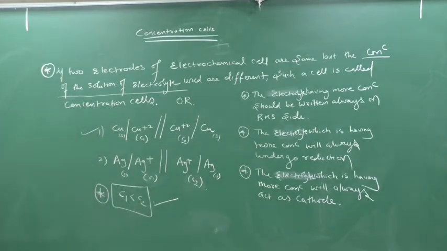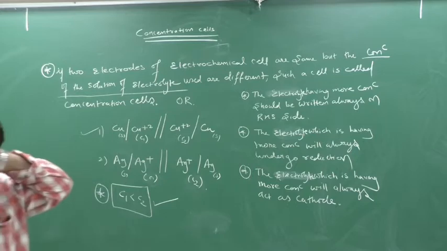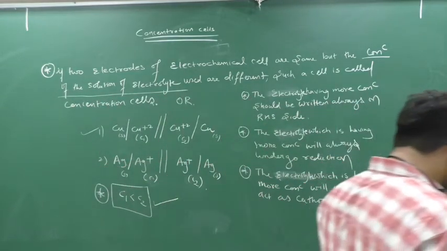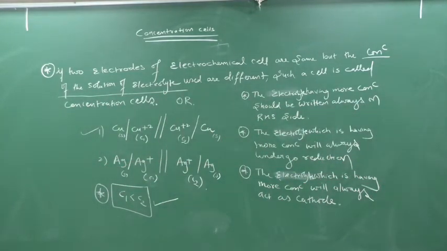Write down this. Clear this part? So write down. Then I will go to a certain bit of derivation. We will write down the anodic reaction and cathodic reaction for this and for this also. Clear? And then I will write down the Nernst equation also.